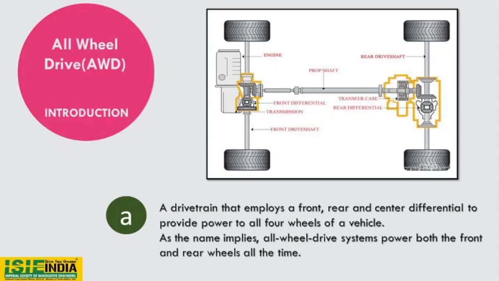Most prominently, we have our transfer case in the rear drive shaft in the case of all-wheel drive, as you can see in this figure. In four-wheel drive, our transfer case is responsible for giving a high gear ratio or low gear ratio to the front or rear axle.